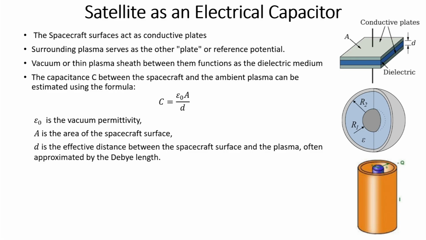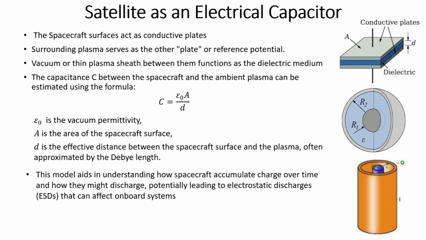You can approximate D by the Debye length, which we already derived and described. This model aids in understanding how spacecraft accumulate charge over time and how they might discharge, potentially leading to electrostatic discharge or ESD. We will see that this ESD can affect the onboard systems.